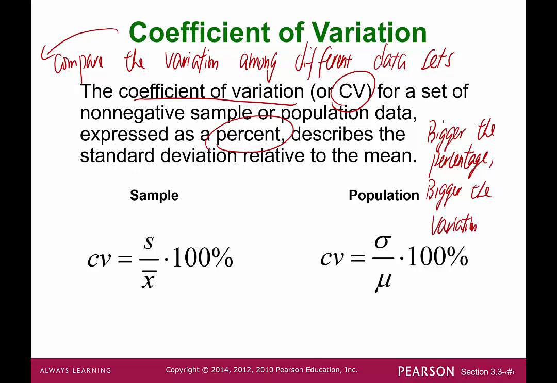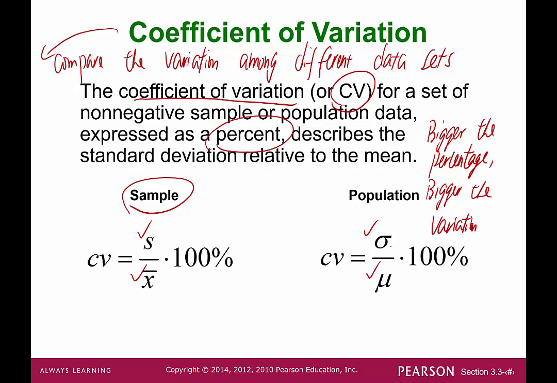We get the coefficient of variation for a sample using the sample standard deviation over the sample mean times 100%. So it's like the ratio of the standard deviation to the mean. And the population coefficient of variation is equal to the population standard deviation over the population mean times 100%.